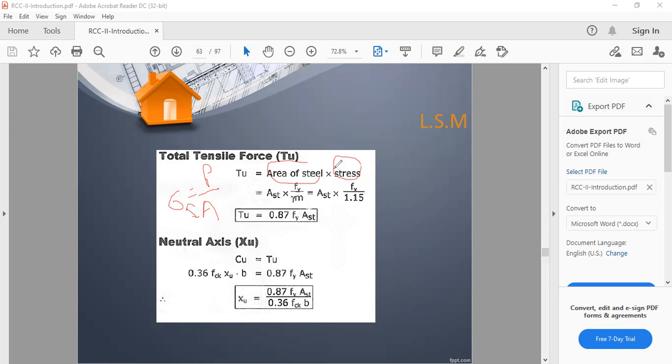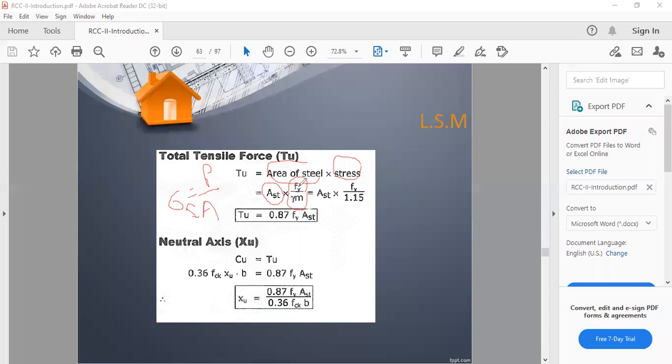So you have your stress and your area of the steel. The area of the steel is AST, while the stress equals Fy divided by gamma m. So that is the stress for the tension part.